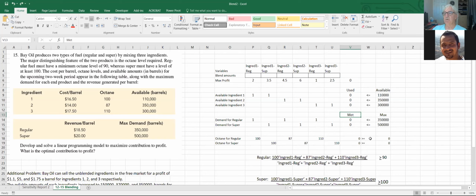So after the sum products were entered, everything is ready, but here are the octane constraints for regular and super fuel, and I have to explain what happened here. I'm referring now to the regular ratio here, and I notice that the numerator is a linear function.